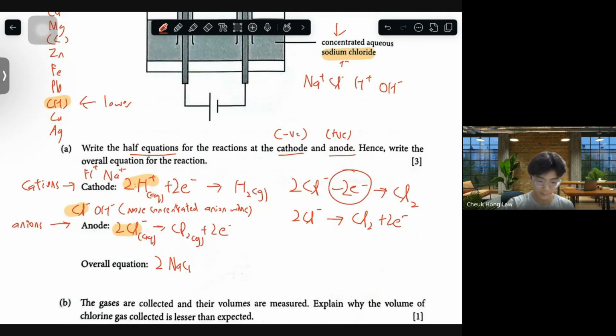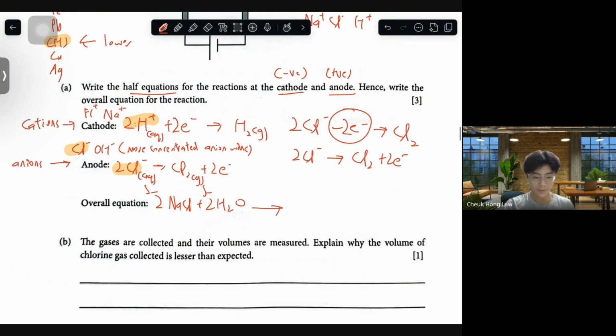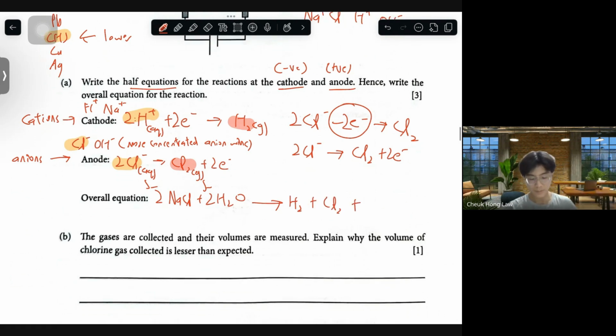Then now we copy down the original electrolyte. Sodium chloride, water. Here we copy down exactly. And then I wrote a 2 because originally it has 2 already. We want to copy the same number of moles. Now we copy the right hand side. H₂ and Cl₂. And the last step is to write down the remaining electrolyte.